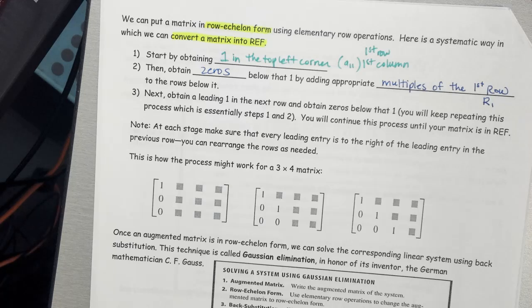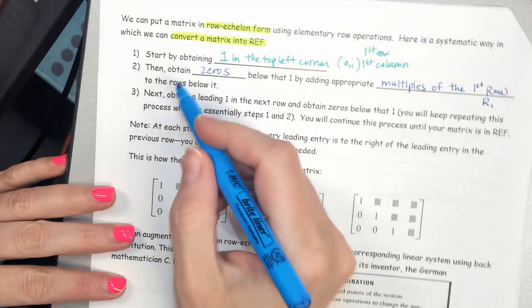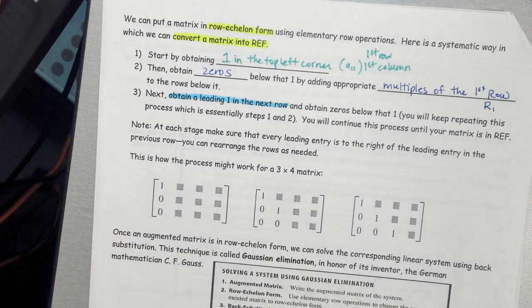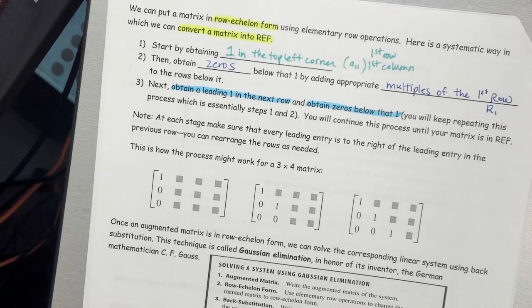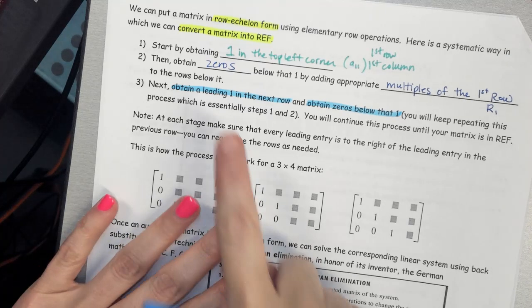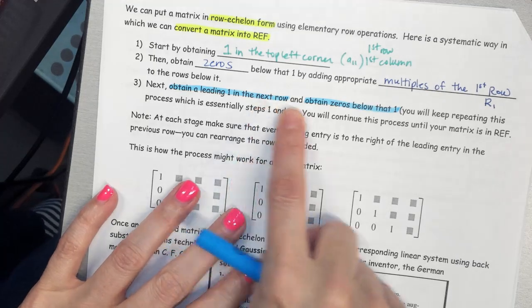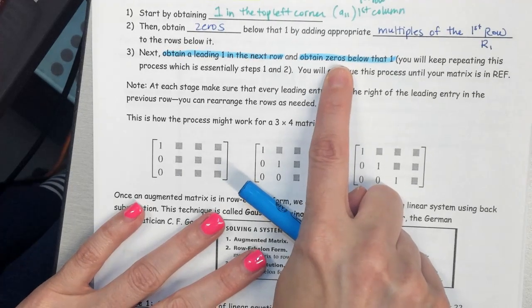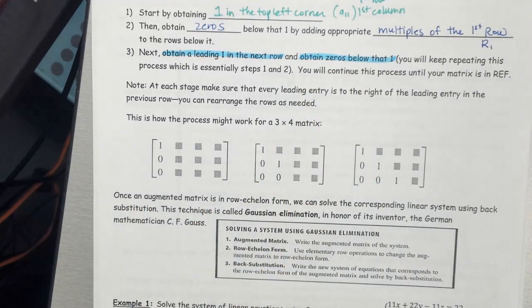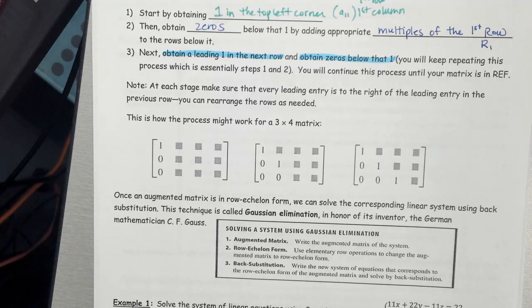Okay, now when you want to obtain a leading 1 in the next row, to obtain the zeros below that 1, you are going to keep using multiples of that row. Okay, so you're going to obtain a leading 1 in the next row and then zeros below it. I'm going to show you how you can multiply so that you don't mess up what you've already done. And by that, I mean when you get the 1 and 2 zeros, we don't want to mess up the zeros we've already had when we go to the next row.